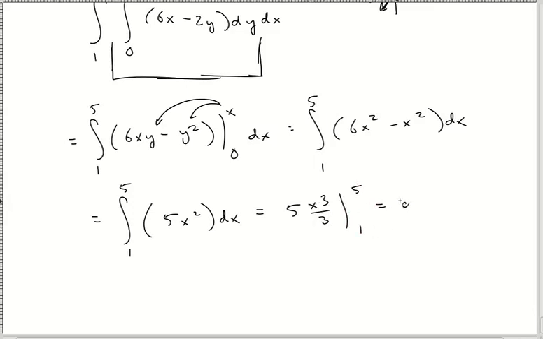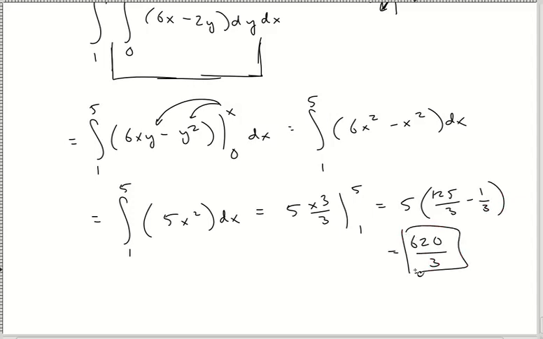Plug in the 5, plug in the 1. That gives 5 times 125 over 3 minus 5/3, and using the calculator, this is what you get. So there you go.